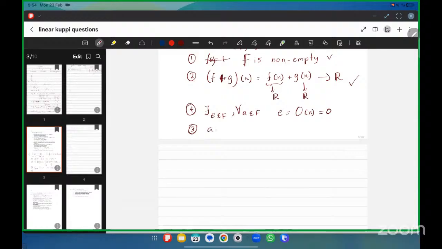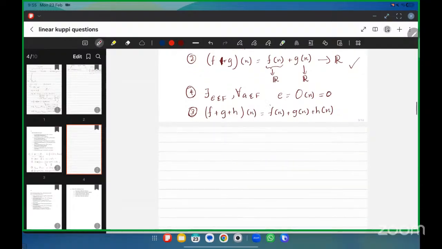Associative means (f plus g plus h) of x means f(x) plus g(x) plus h(x).